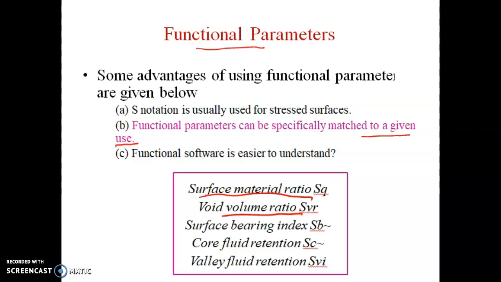Void means the surface parts which don't have any material, that is the valley part. Then the surface bearing index, for frictional applications. Then core fluid retention and valley fluid retention, both used when the surface is a lubricating one, indicating how much fluid it can retain on the surface.